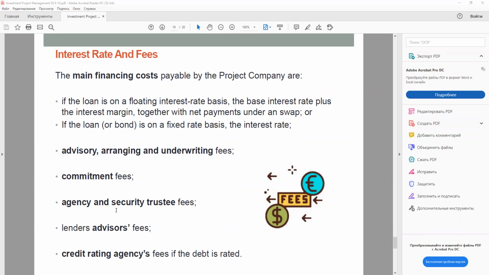So the concept of having this commitment fee is that the bank takes on the exposure to the risk of the project. The bank is ready to provide the finance, so it finds the funding, and the funding is not for free. At any call for the capital, the bank should provide the funding.